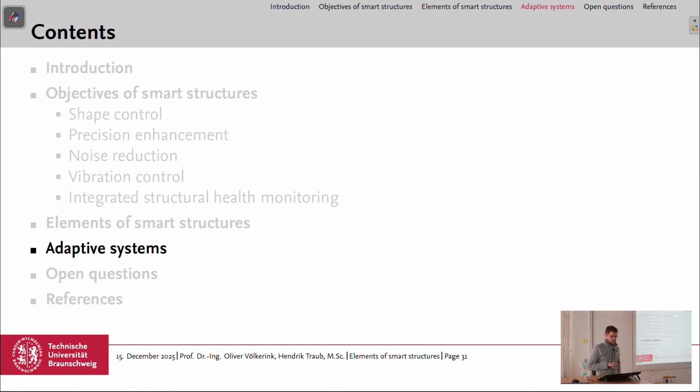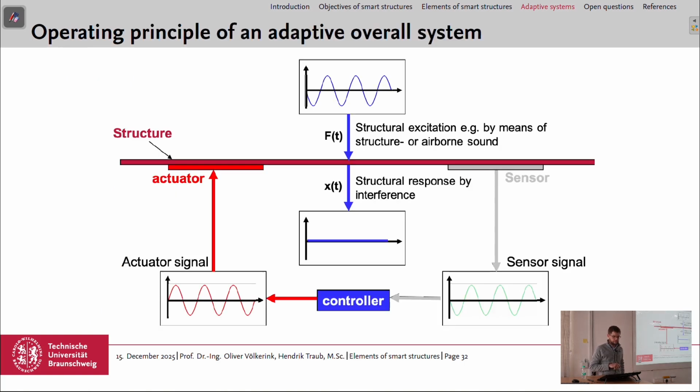So now we will have a look at adaptive systems. A schematic of the operating principle of an adaptive system, or the overall system. We already saw it in different examples, but you have a load-bearing structure, which is also the difference to mechatronics, where actuators and sensors are integrated into the load path.